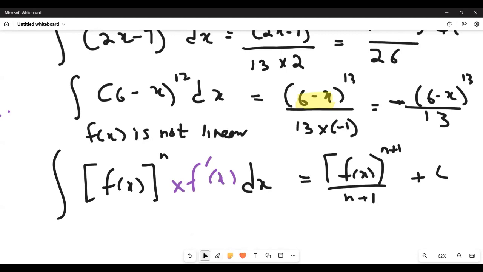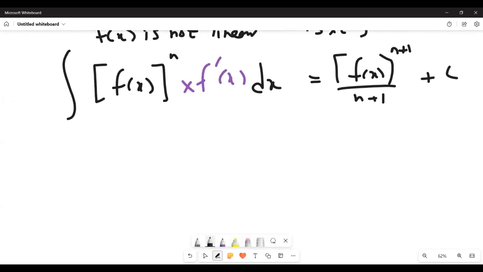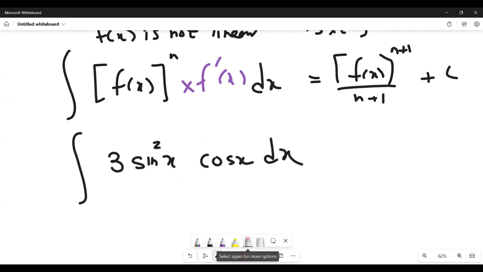Let's look at an example. There's integration of sine square x cos x dx. In fact, there isn't a 3 with it. Integration of sine square x cos x.